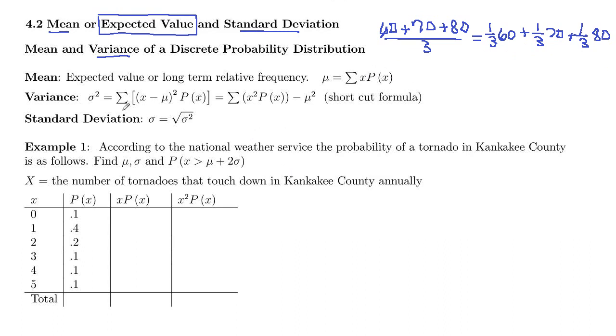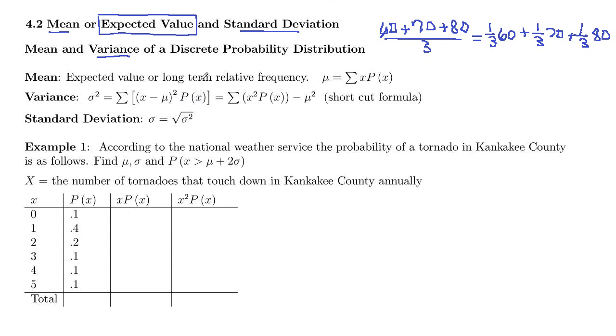And then the variance: to find the variance, you sum up the difference between the individual random variable and the mean, so x minus mu. You square that and multiply it by the probability. So what this is doing is finding the deviation squared, and when you sum things up, multiplying by the probability, that's finding the average.